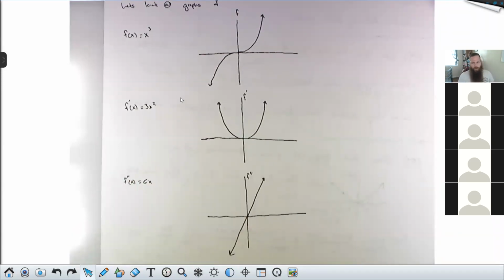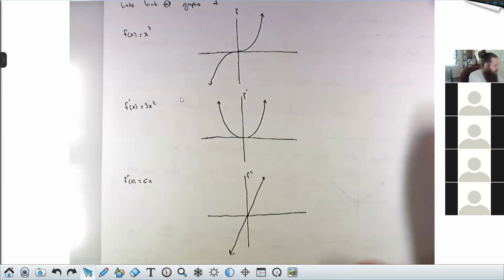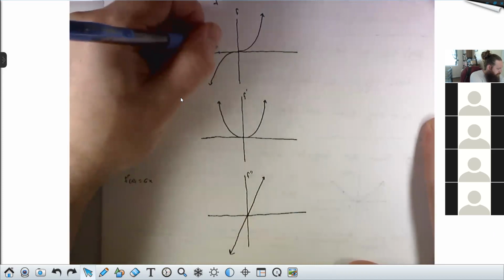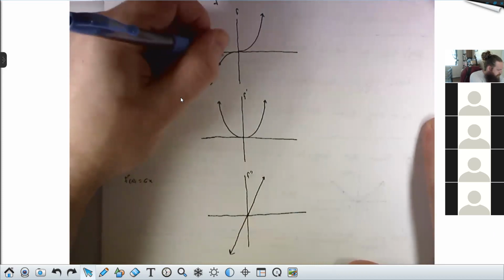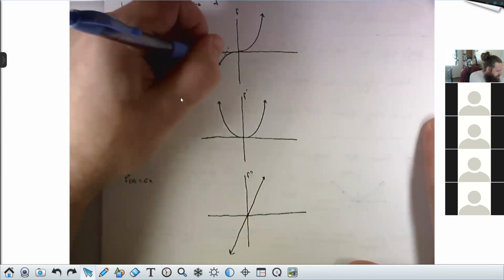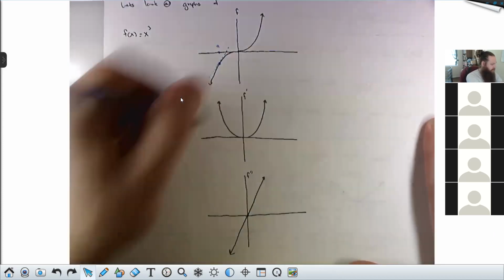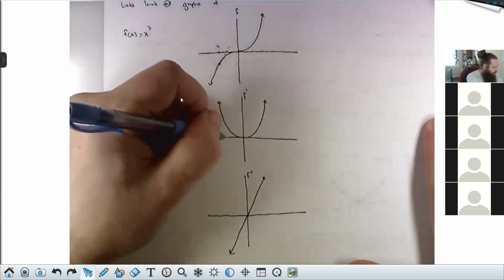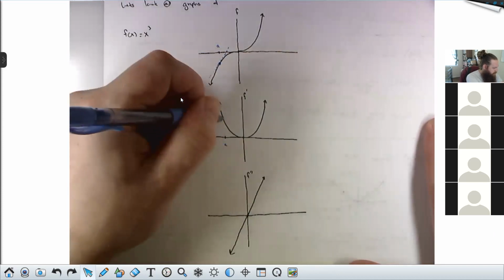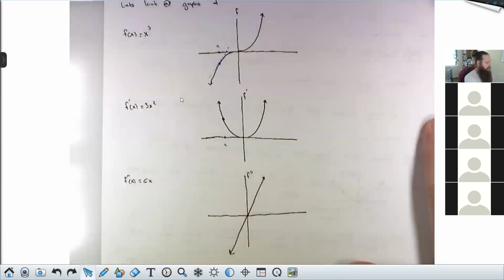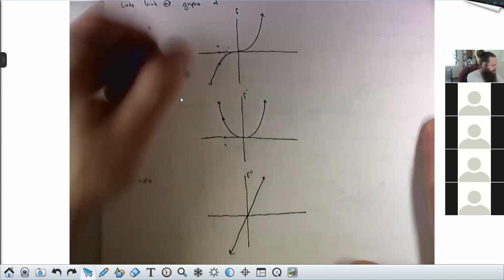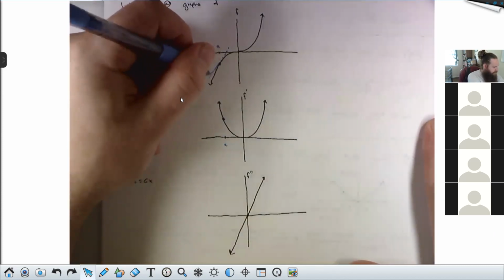We're going to talk about this more later, but if you take a point on the graph of f, call this A, you know that the slope of that tangent line is the y value here. Right? This is how we were estimating.